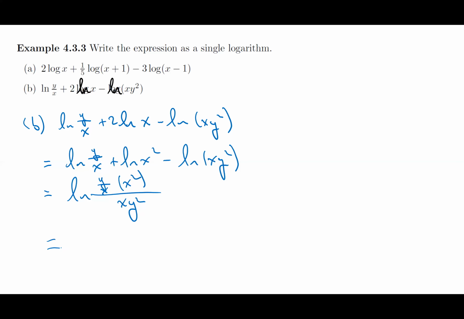And now it's just a matter of cleaning things up, right? So I got, well, x squared over x squared, so the x squareds are gone. And I've got y over y squared. So I wind up with natural log of 1 over y, okay? Which, if I want to really think about it, natural log of 1 is 0, right? So I really have negative natural log of y, okay?